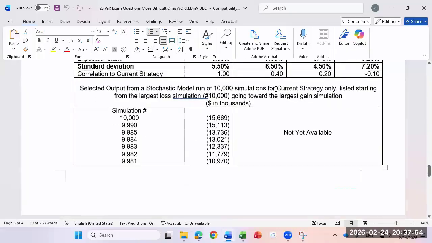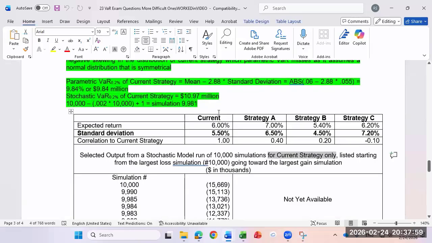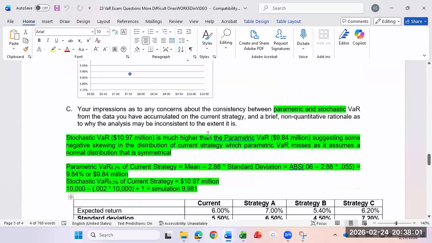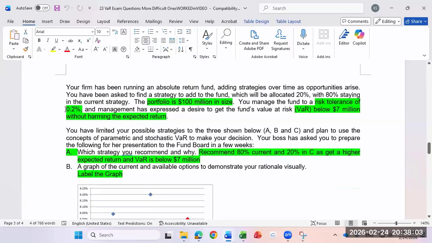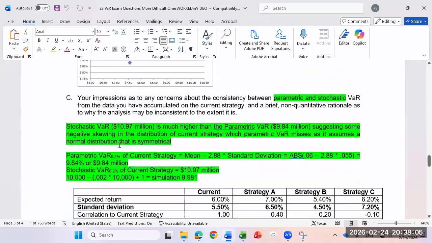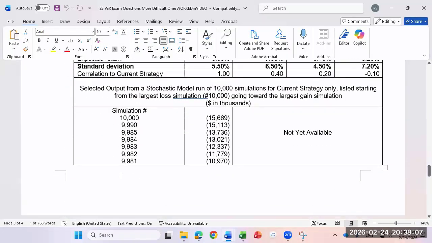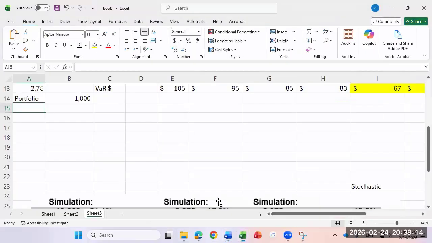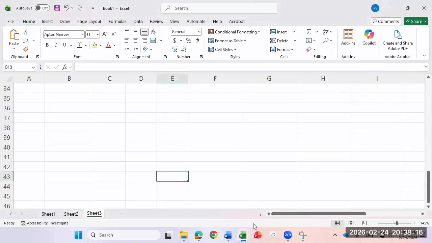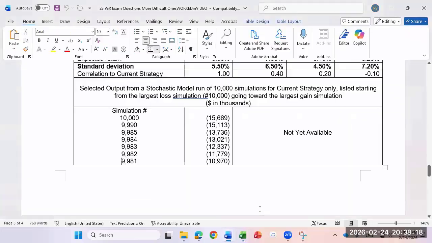This is simulations on the current strategy only. So you calculate the VAR of your current strategy. Your risk tolerance is 0.2. Which strategy are you looking at? If your risk tolerance is 0.2, how many simulations did they do? 10,000 again.